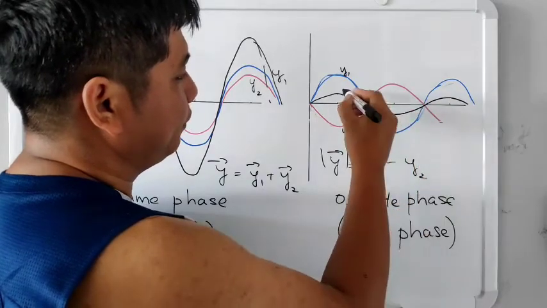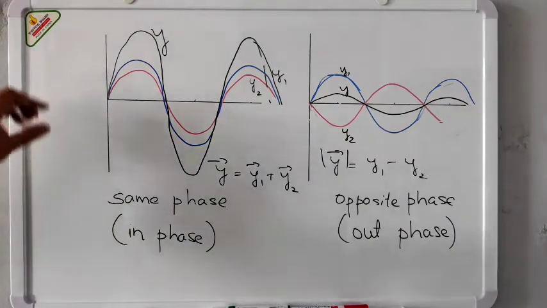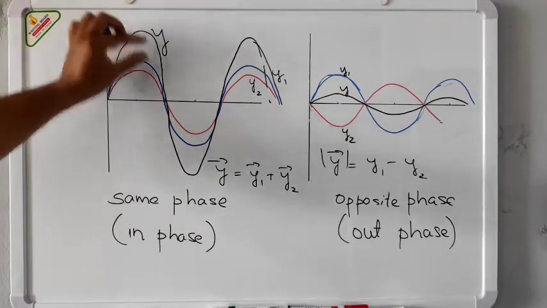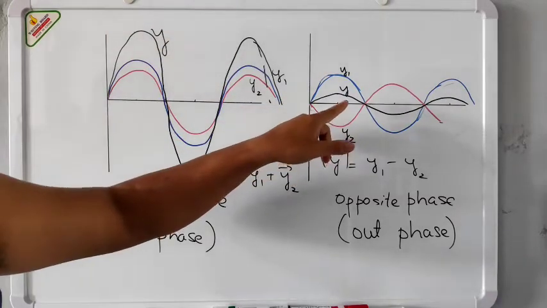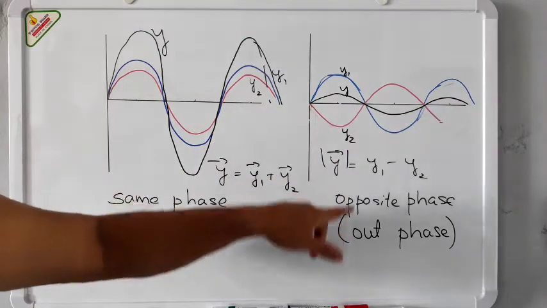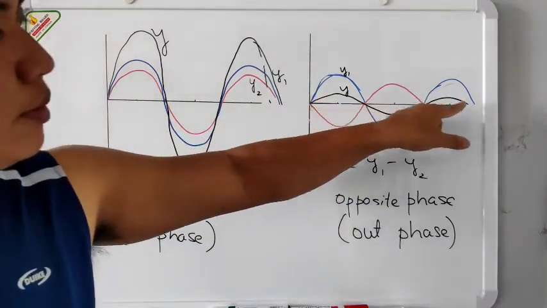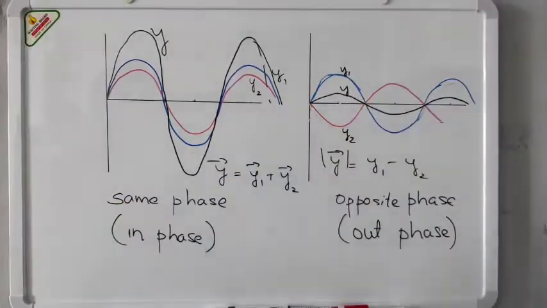This will be the resultant wave. We can see that for the same phase we have maximum amplitude, and for opposite phase we get the resultant of minimum amplitude.